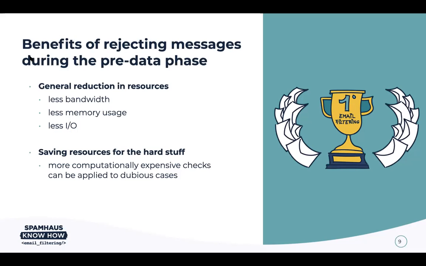By dealing with the majority of the mail pre-data phase, it's a good way to reduce the load on the content scanners available. So the more you can get rid of before reaching that stage, the better it is in terms of resource usage.